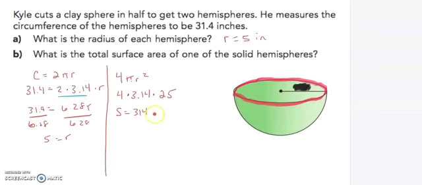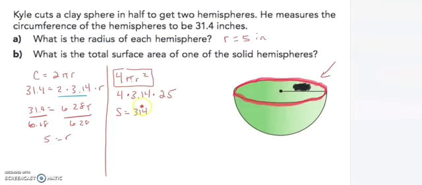But that's not the answer. The important thing to recognize here is this formula we just used is to find the surface area of a sphere. We're dealing with a hemisphere. So we can take this answer, 314, and cut it in half.